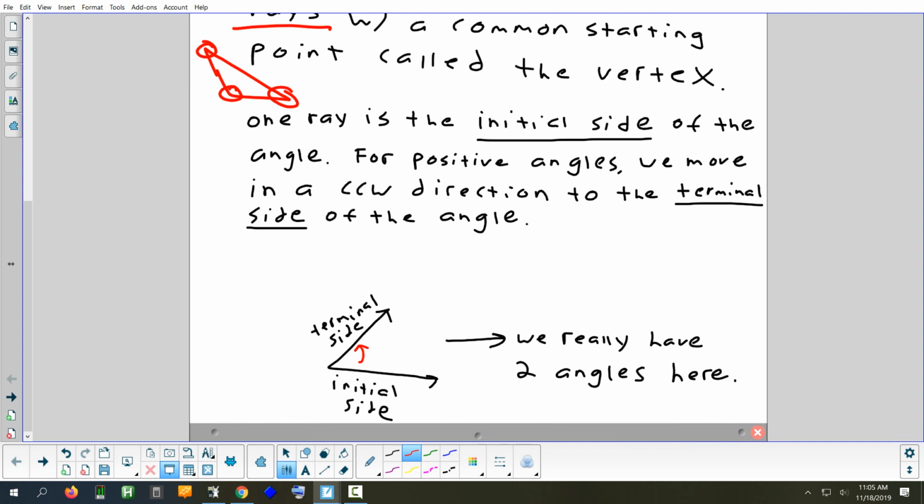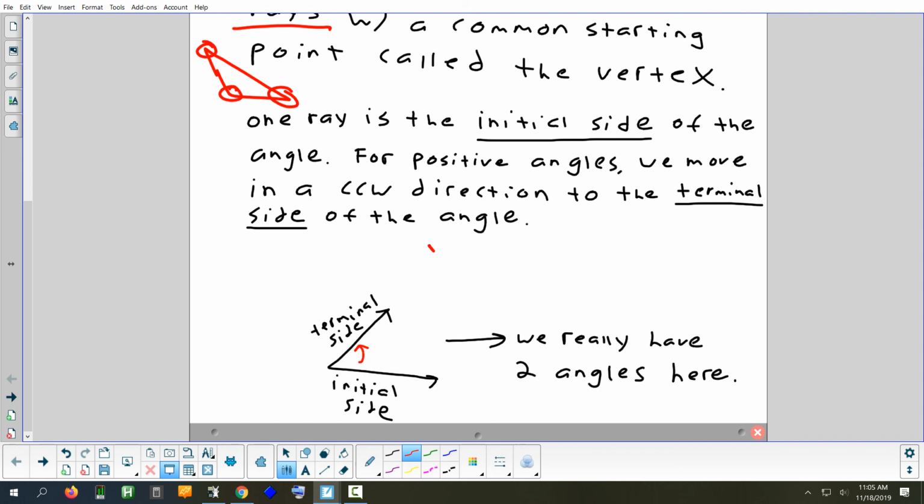Right? If you go inside the rays, put yourself inside, as you rotate counterclockwise, wherever you end up, that's the terminal side. Where you start is the initial side.